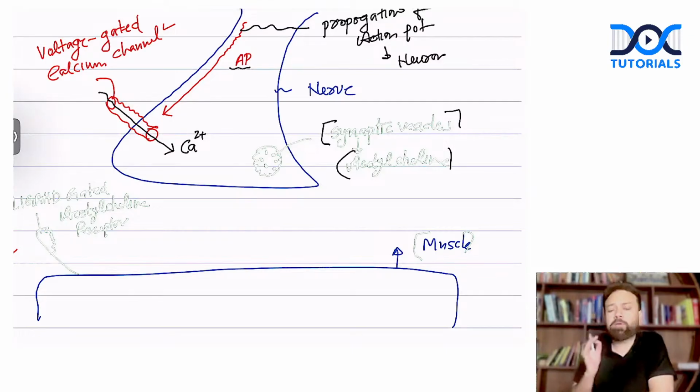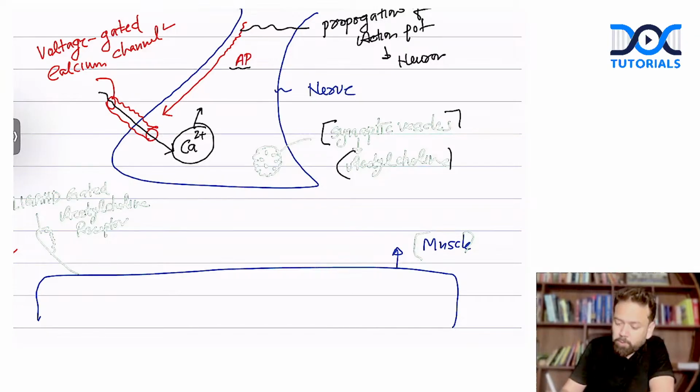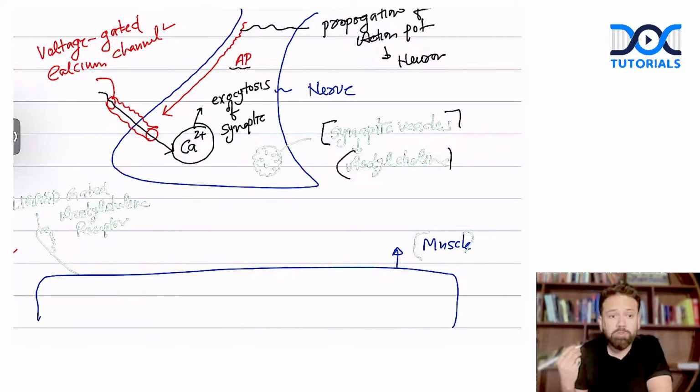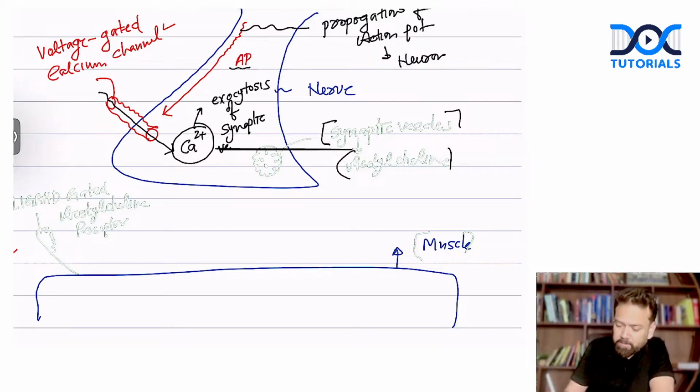And what is the most important function of calcium? You must know: muscle contraction, nerve stabilization, exocytosis. Exocytosis can happen only by calcium. So one of the most important functions is exocytosis. Here it will be causing exocytosis of synaptic vesicles.